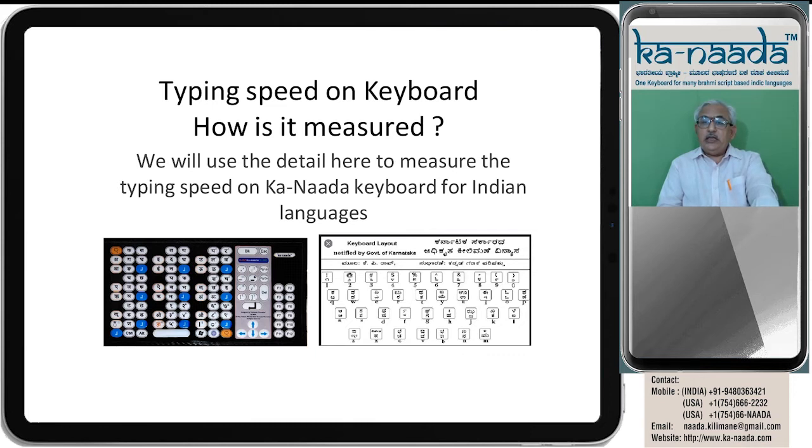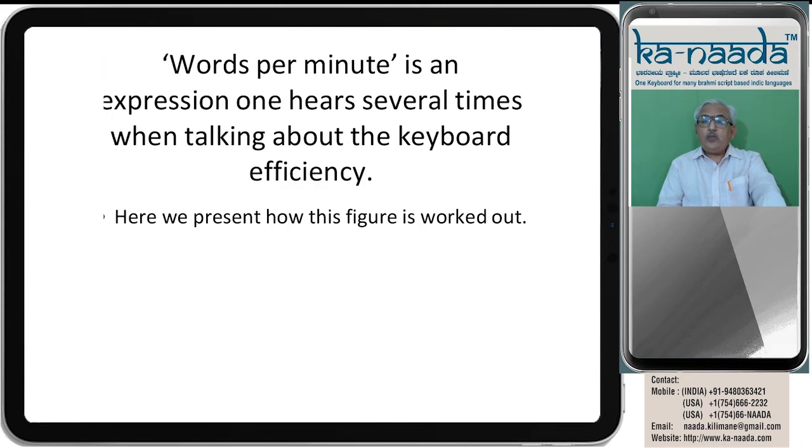Due to difference in the layouts, the typing speed also varies. Words per minute is an expression one hears several times when talking about keyboard efficiency. Here we present how this figure is defined and worked out.